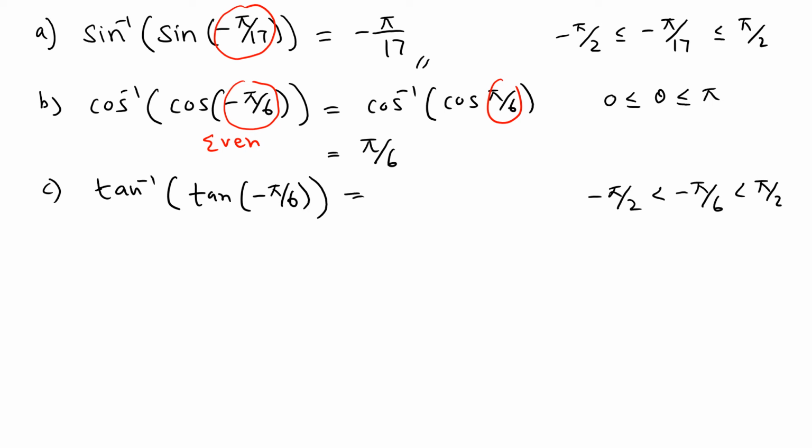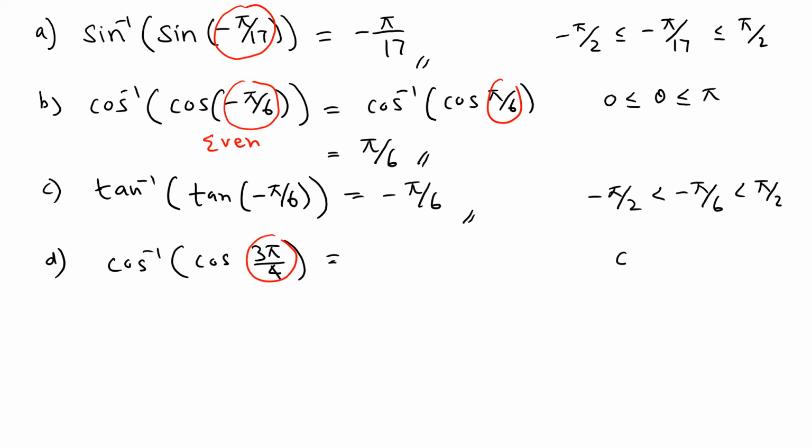So this is going to be negative pi over 6. Okay, let's go to the next one, part D. We have cosine inverse cosine of 3 pi over 4, and 3 pi over 4 is in between 0 and pi. So because of that, the cancellation property works, so we get 3 pi over 4.